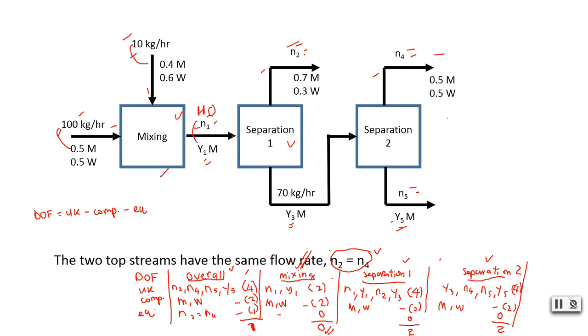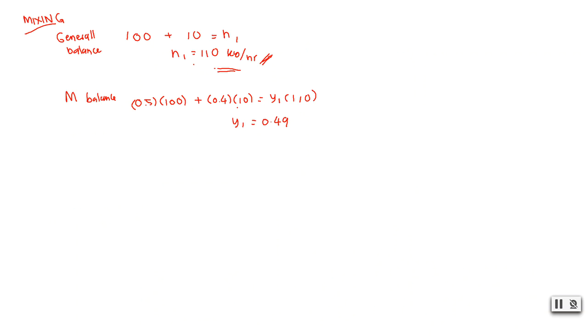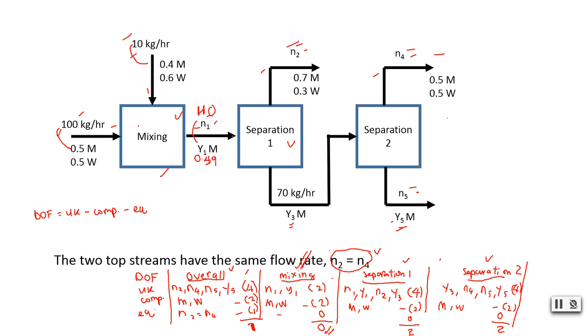Okay, so we already got here 0.49. Now we can decide, based on the information that we already obtained here, where to continue with the mass balance, because we already have N1 and y1 here.